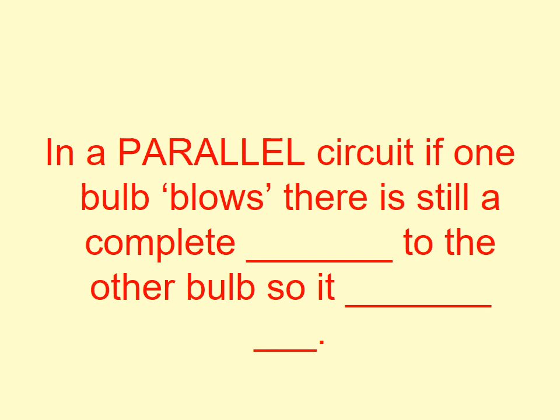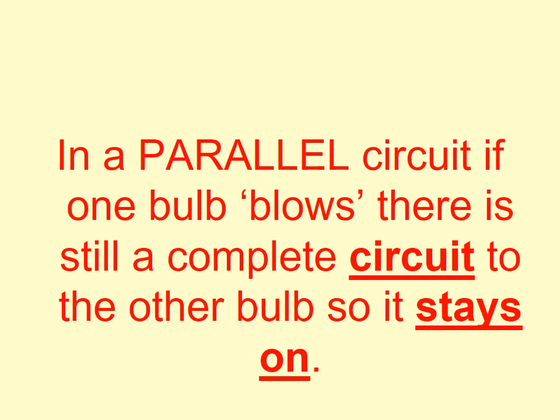In a parallel circuit, if 1 bulb blows, there is still a complete what to the other bulb? In a parallel circuit, if 1 bulb blows, we still have a complete circuit, so the other bulb will stay on.